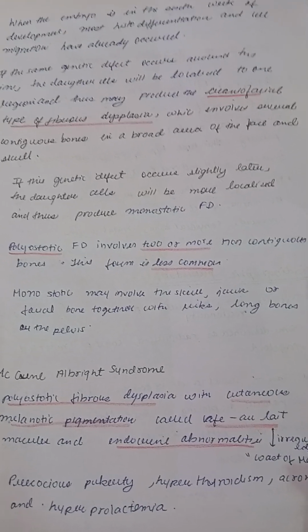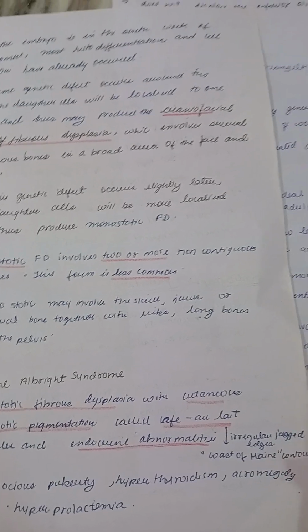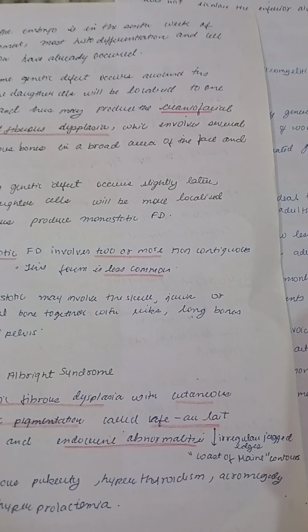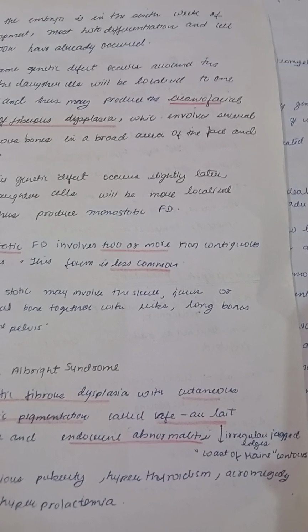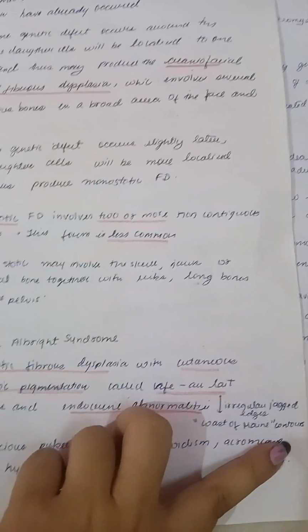That cutaneous melanotic pigmentation is known as Jaffe-Lichtenstein spots, and the irregular jagged edges of that spot are known as coast of Maine contours. Okay, coast of Maine contours.